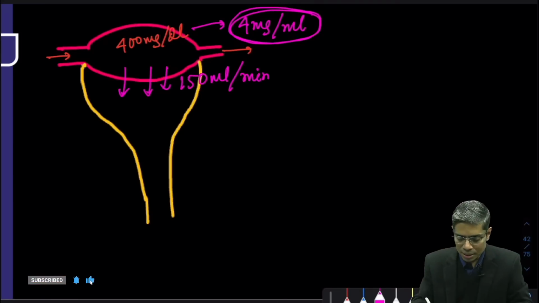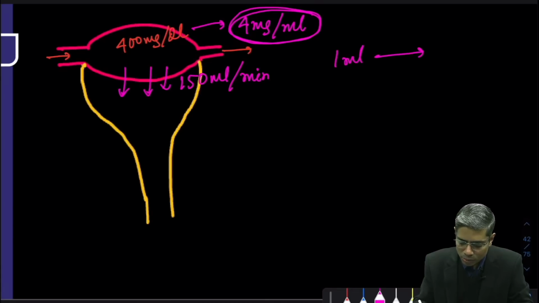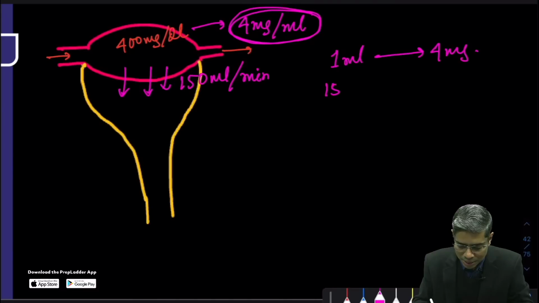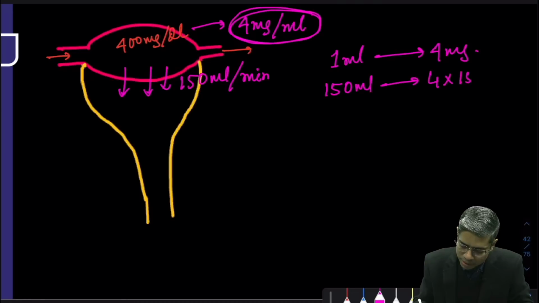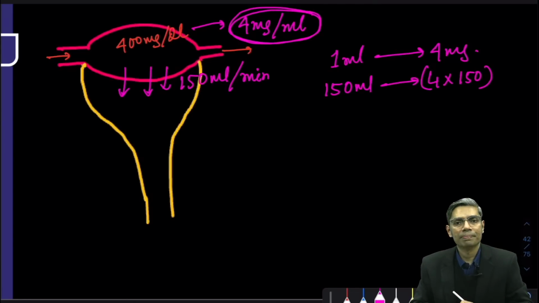So, I can understand that 1 ml of plasma contains 4 milligram of glucose. If there is filtration of 150 ml of plasma, how much glucose will be entering in the Bowman's capsule? That is 4 multiplied by 150. Getting my point?